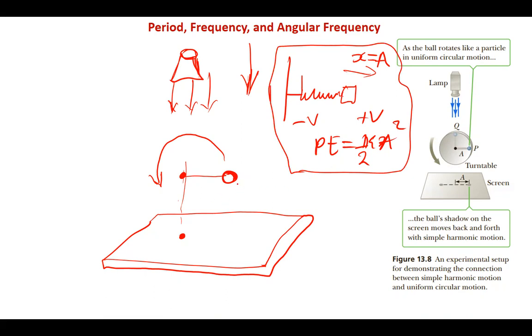Now let's get back to this. I was saying, when this ball is rotating like this, when you look at it from the front view, you are going to see something that is rotating. But when you look at the shadow on the table here, you just see something that is moving this side.